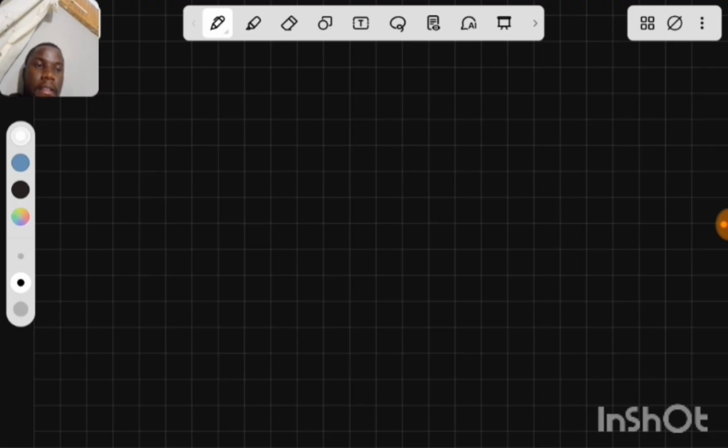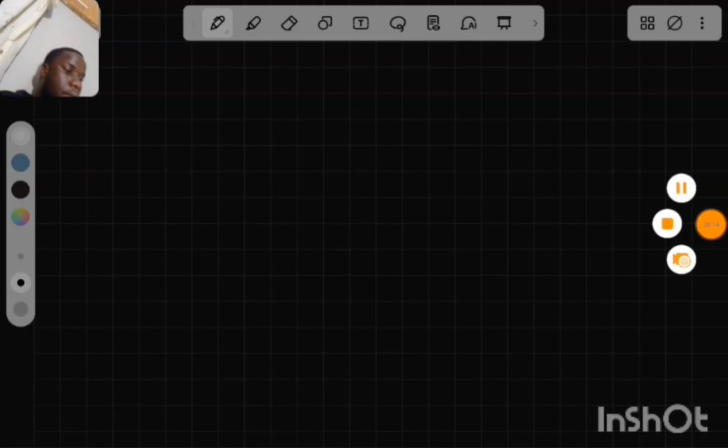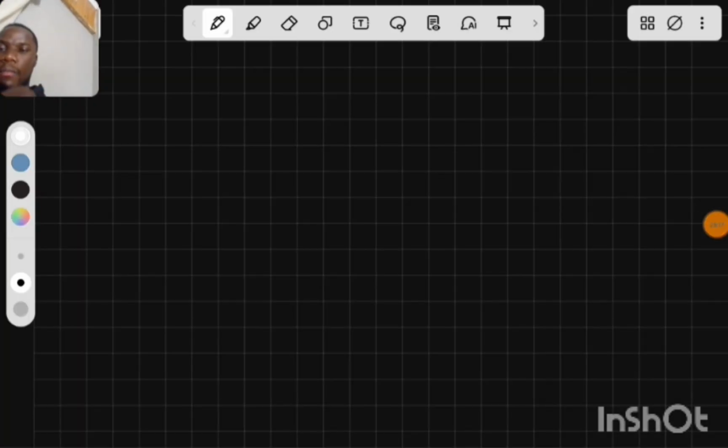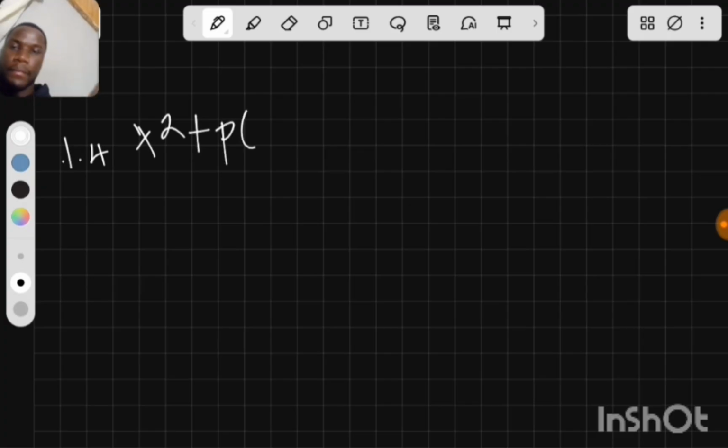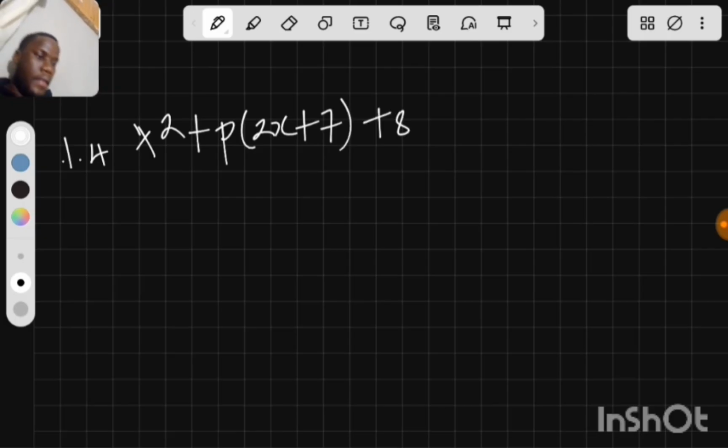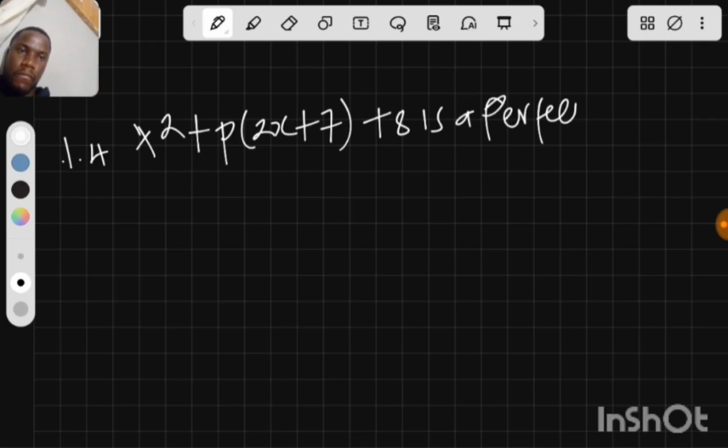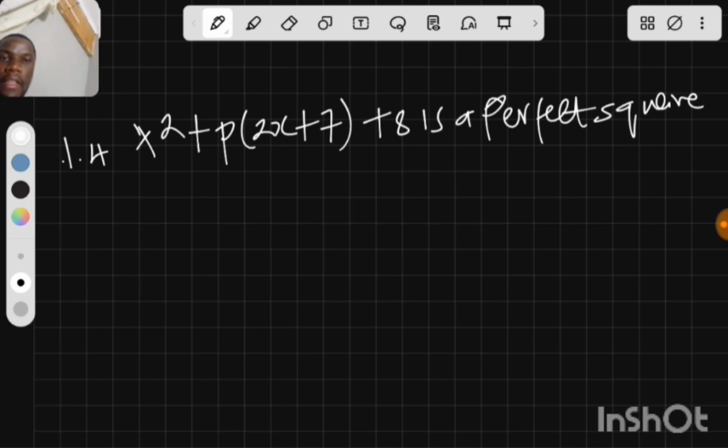Let's look at question 1.1.4, which says calculate the two numerical values for p where x squared plus p(2x plus 7) plus 8 is a perfect square.